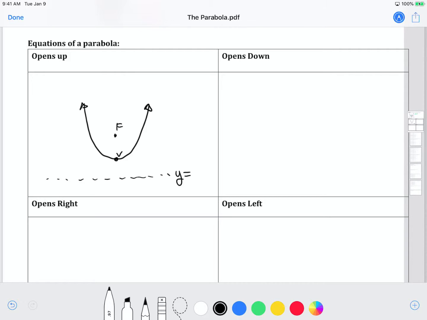The equation of a parabola that opens up, if it's in standard form, where h and k is the vertex. So this would be our point (h, k).